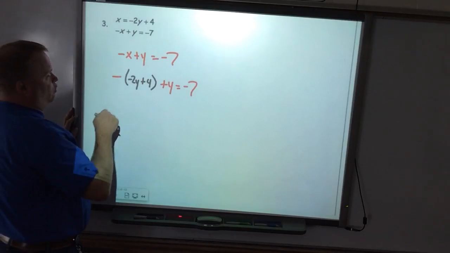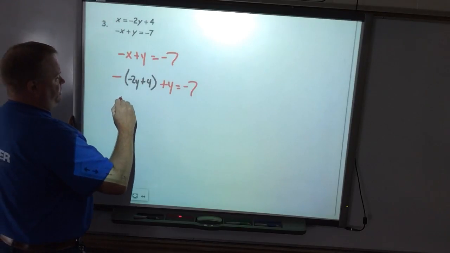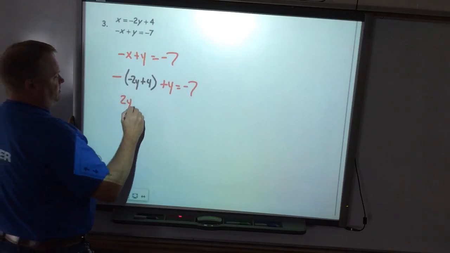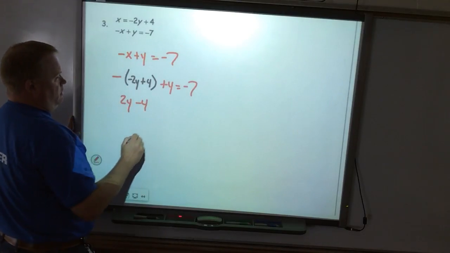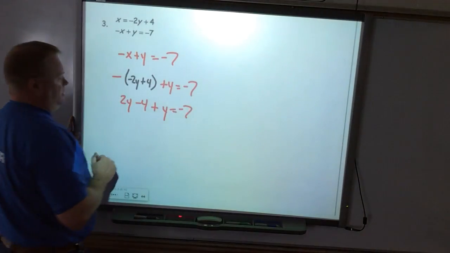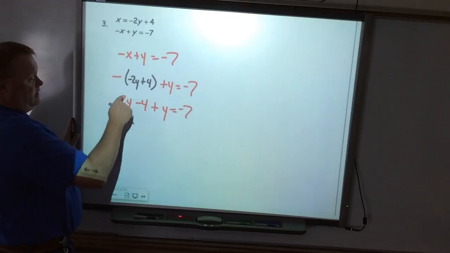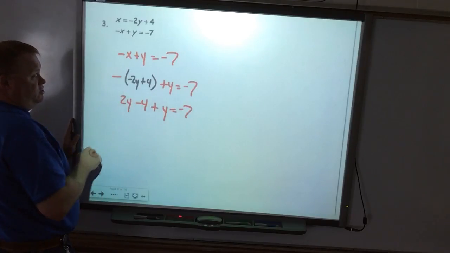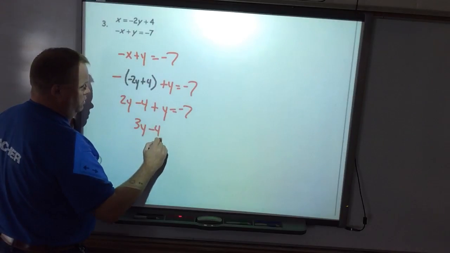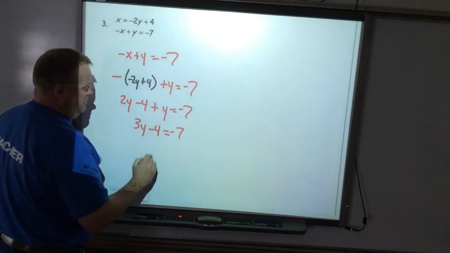It's negative 1 times negative 2y, which becomes a positive 2y. And a negative times positive 4 becomes a negative 4. I still have y and negative 7. 2y plus y, combining like terms, is 3y. Minus 4 equals negative 7.